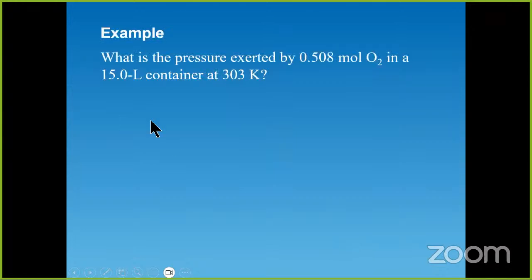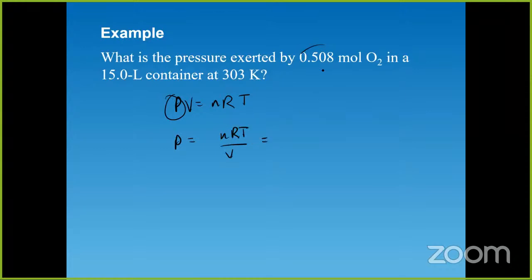Okay, so some more examples. What is the pressure exerted by 0.508 moles of oxygen in a 15.0 liter container at 303 Kelvin? So the equation which readily comes to mind would be the PV is equal to nRT equation, right? So the question is asking for P. So P would be equal to nRT divided by the volume.